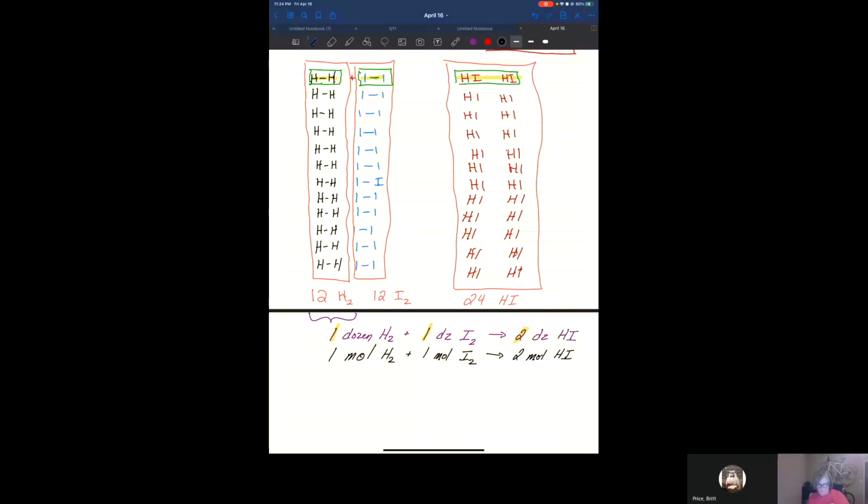A mole is nothing more than the name that we give to a box of atoms or a box of molecules. That box just contains a certain number of, in this case, H2 molecules, I2 molecules, and then 2 moles of HI.